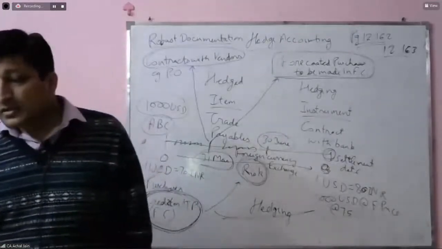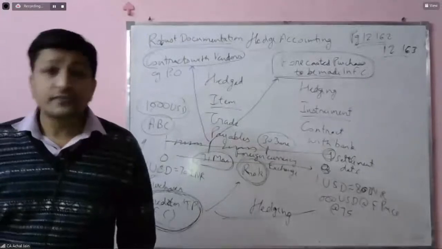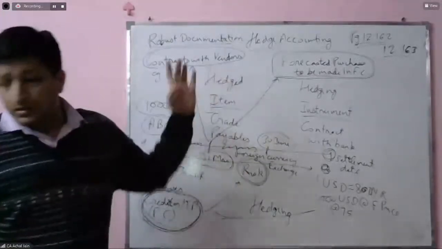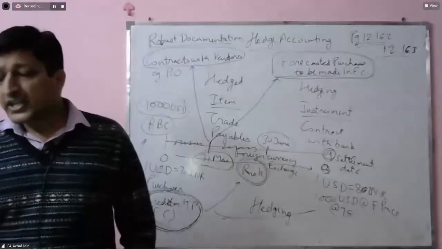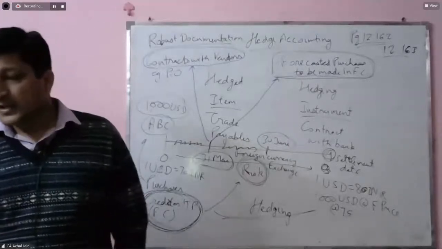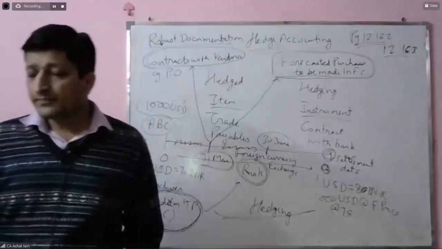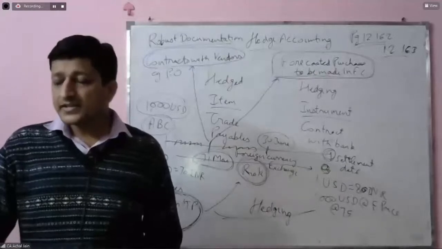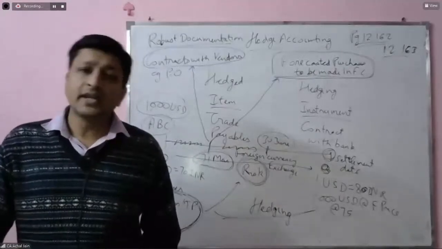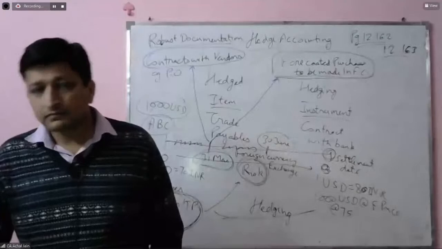When a hedged item is an unrecognized firm commitment, the cumulative change in fair value of hedged item subsequent to its designation is recognized as an asset or liability with corresponding gain or loss recognized in P&L.